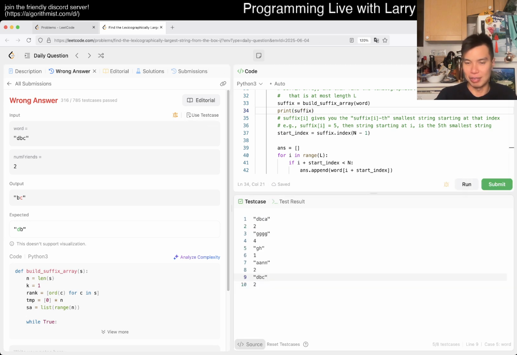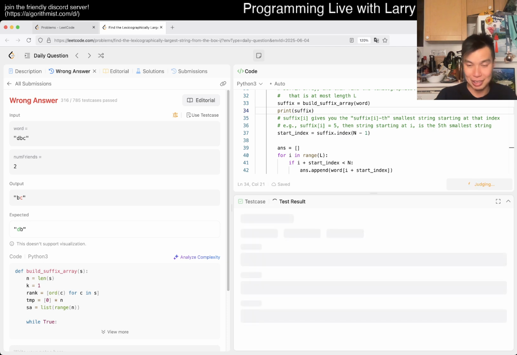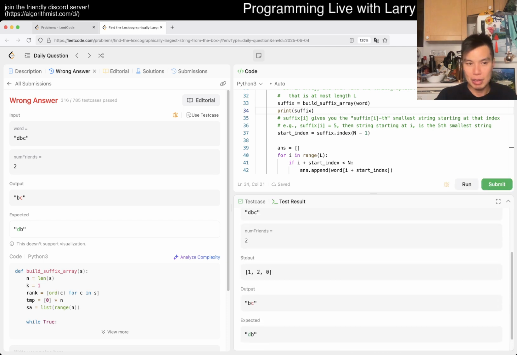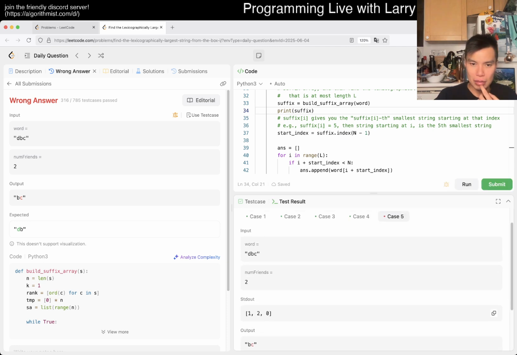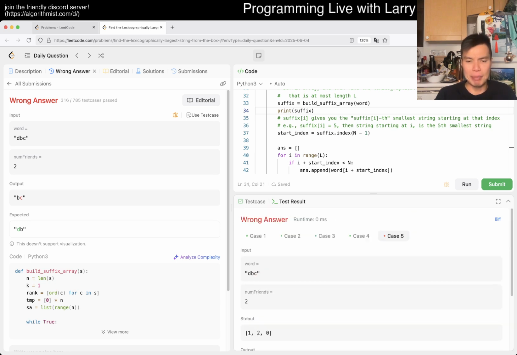What we have here is that we have to use the test case first. Huh. Did something mess up with this? Did I mess up? That's not how the suffix array works, right? I mean, I'm using it as a black box. That's why I'm a little bit confused.